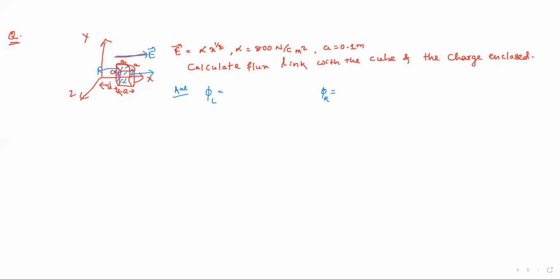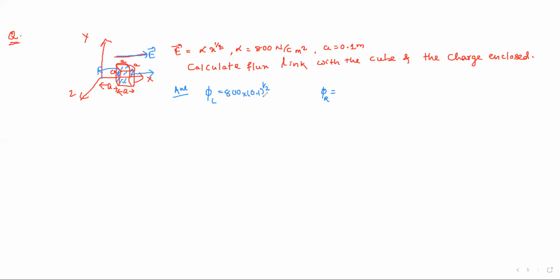So phi l, on the left side, we get electric field alpha x to the power half. Alpha is 800. X means the distance of the surface from the origin. Distance is 0.1, to the power half.